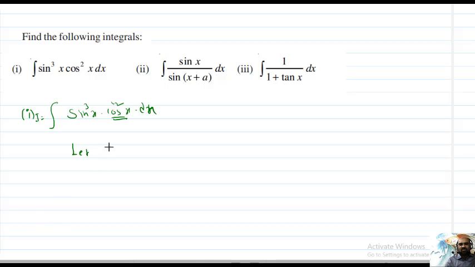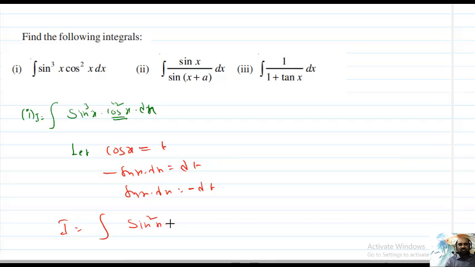Let cos x be taken as t. Minus sin x into dx equal to dt, or sin x into dx equal to minus dt. Now our I becomes, students listen, again I will write the problem: sin square x into cos square x into sin x into dx. So instead of sin x dx, I can write minus dt.